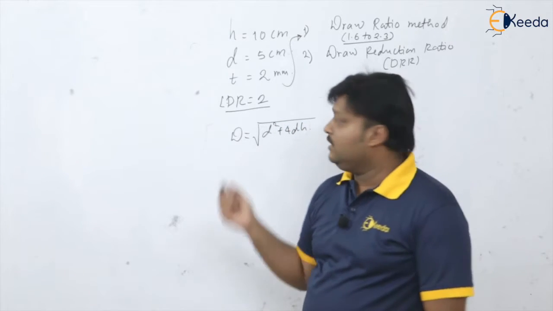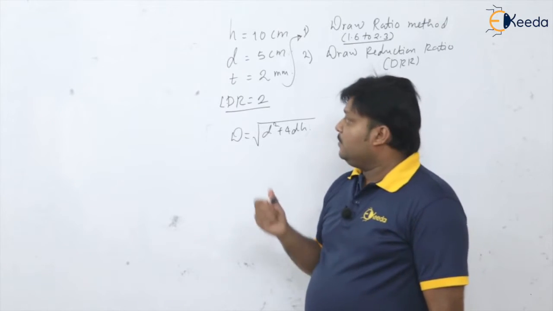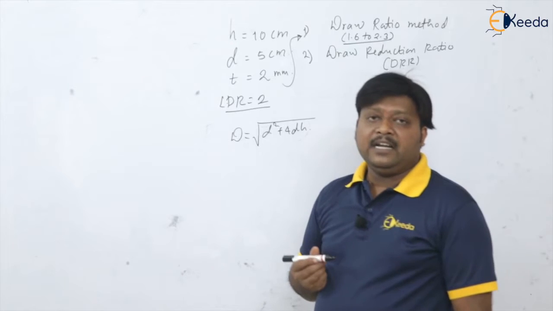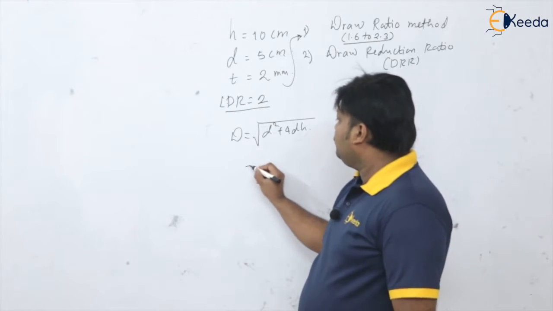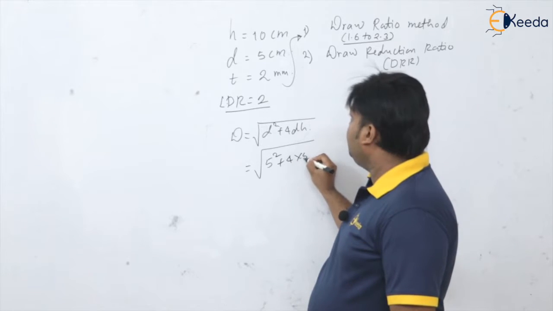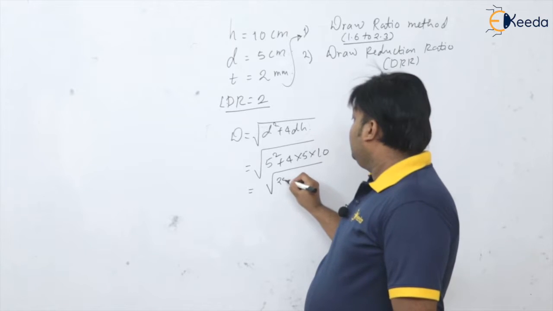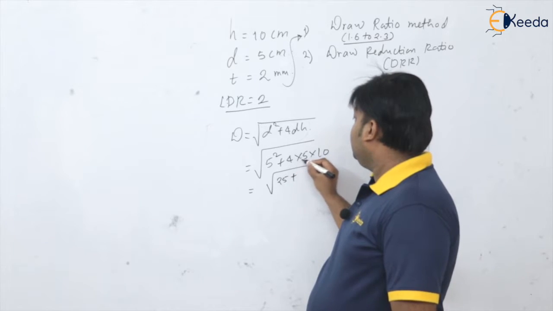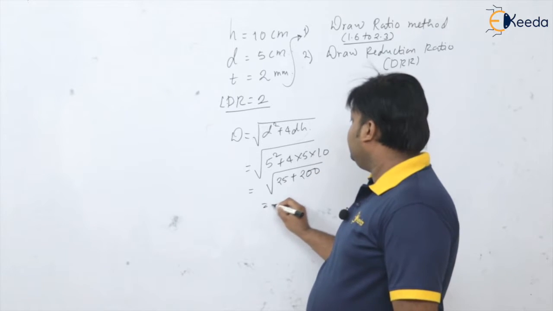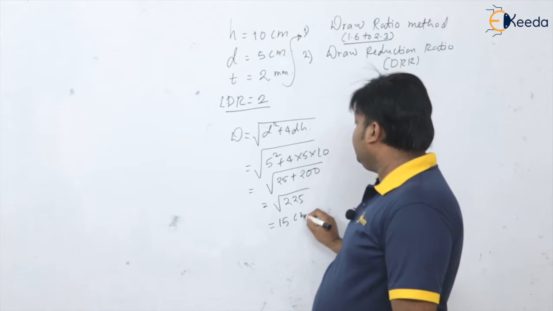We know that the corner radius is neglected, so nothing to find out for the d by r ratio. So d is 5, square, plus 4 times 5 times height 10. So root of 25 plus 200, root of 225, is nothing but 15 centimeter.